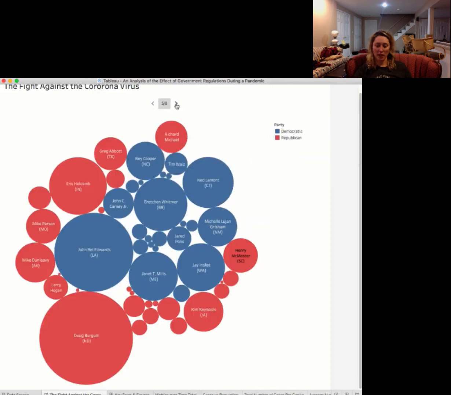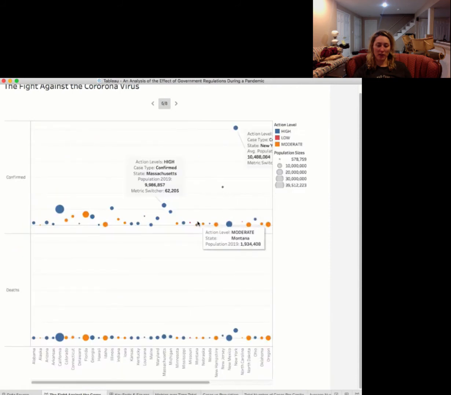The next slide compares the deaths and confirmed cases, but I wanted to take a look at the differences in range. So most of these are in line, each state is in line with their confirmed and their deaths.